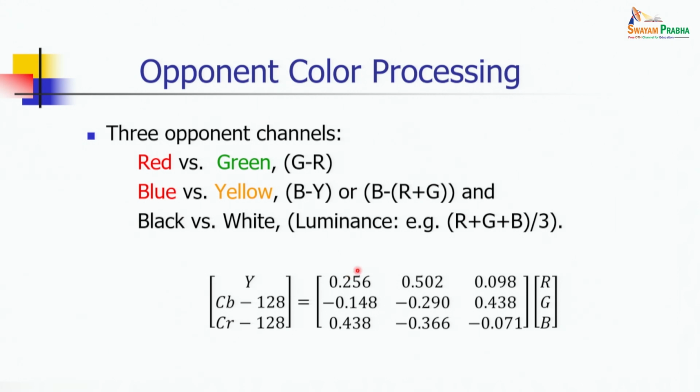Cb stands for complementary blue, because now you are representing just the opposite of it. That means it is B minus R plus G, B minus Y, that is the complementary blue, and Cr is complementary red. As you can see, this is R minus G plus B. So that is the representation, and in this way this color space is represented.